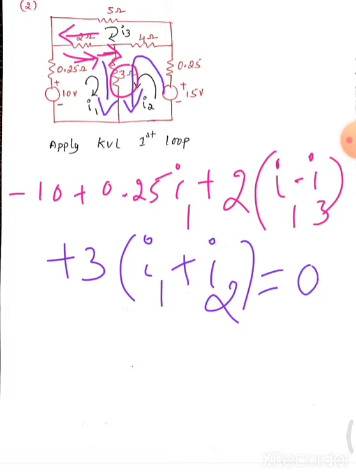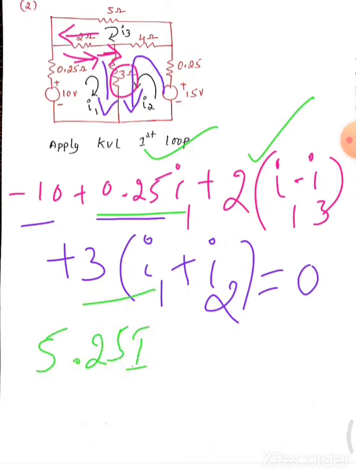The simplification might be lengthy. Expand it and write minus 10 plus 0.25 I1 plus 2 I1 minus 2 I3 plus 3 I1 plus 3 I2, and then simplify. Taking the I1 terms on one side, 0.25 I1, 2 I1 and 3 I1, the total is 5.25 I1.